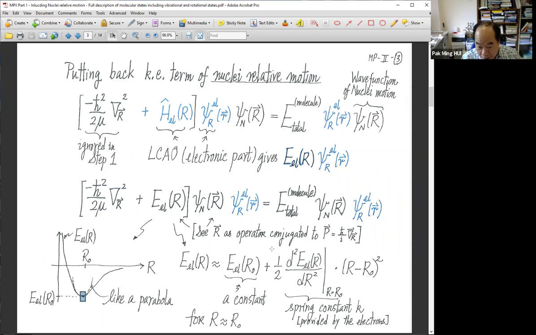And then this is half the spring constant times the deviation in position squared. So this is the half k x squared harmonic oscillator. All right. So that will be easy to handle. We can copy the answer from the harmonic oscillator problem. So that is the strategy. Moving on.